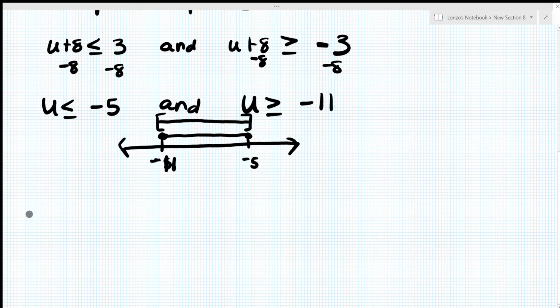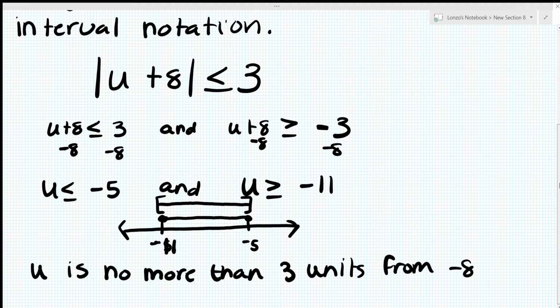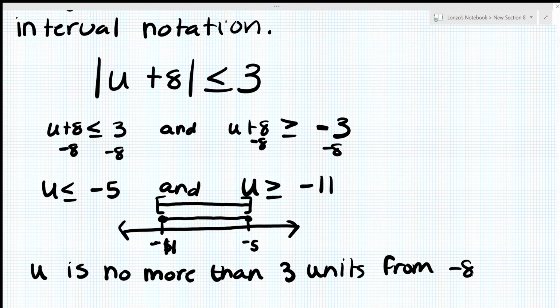In words it means u is no more than 3 units from negative 8. So absolute value u plus 8 is less than or equal to 3 means u is no more than, no more than means less than or equal to, from negative 8. So that's what it means.